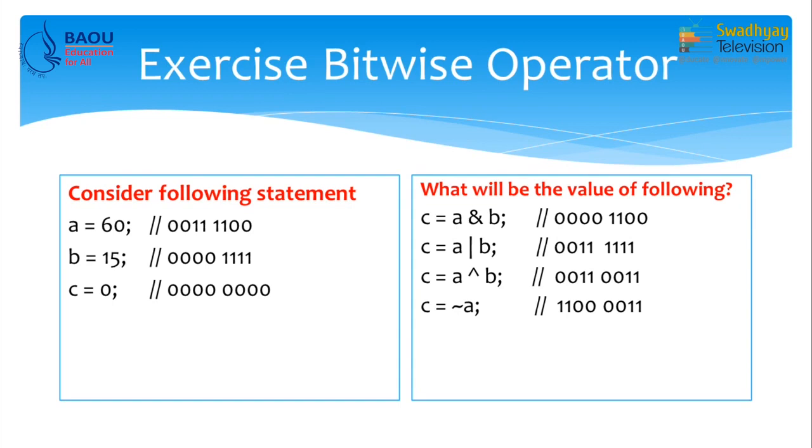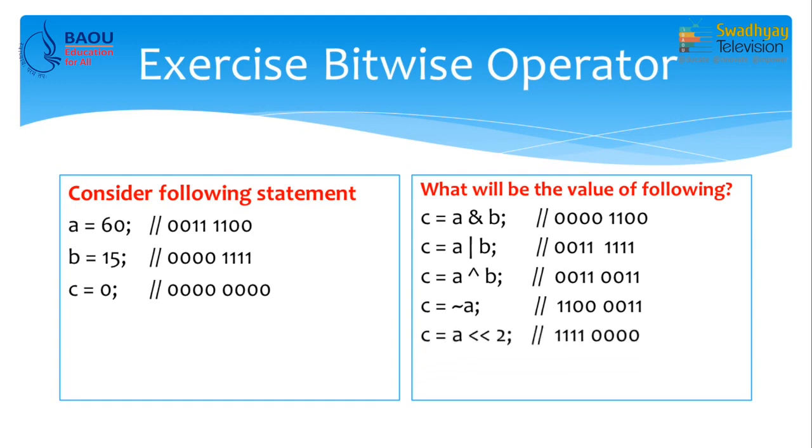If I write down the bitwise complement for A, wherever 0 is there in A, it will be converted into 1 and 1 is converted into 0. So, we can see the result on screen.